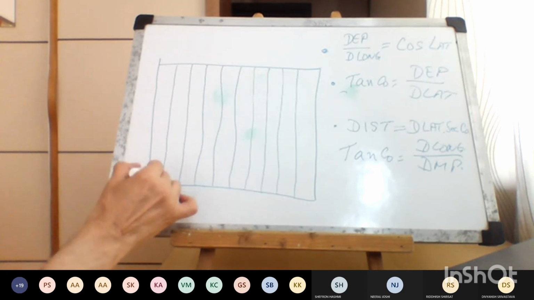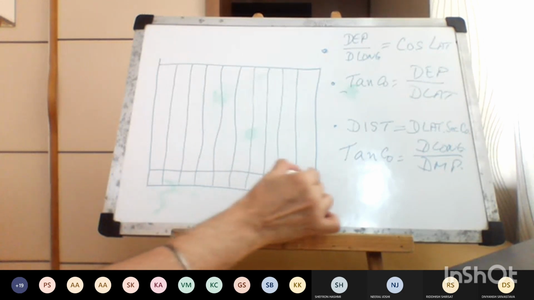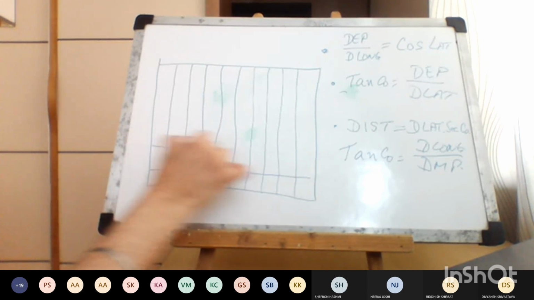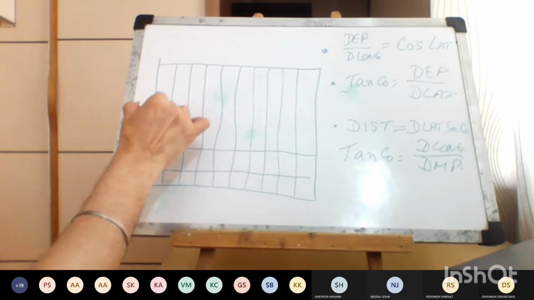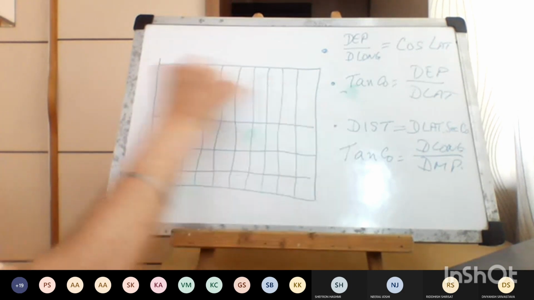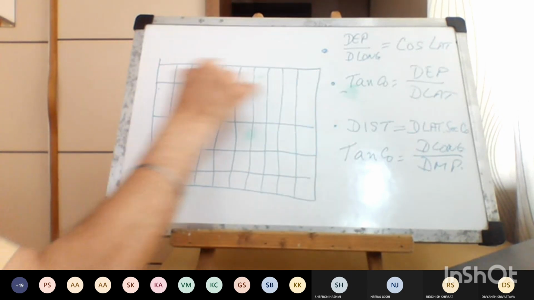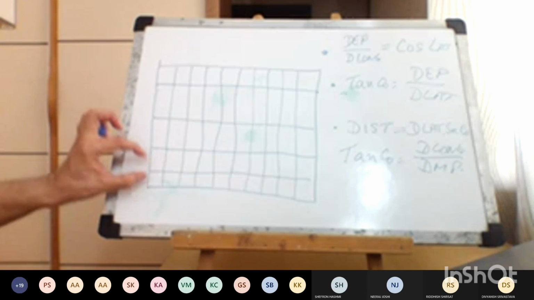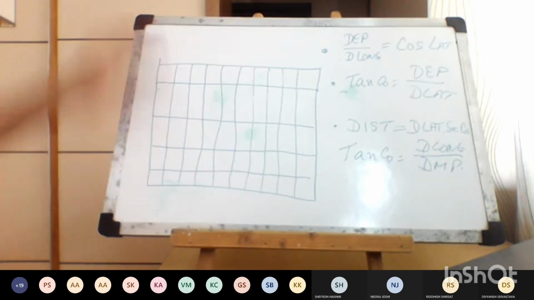When it comes to latitude, as you go higher up, the gap goes on increasing. So this I have intentionally magnified too much so that you can make out.